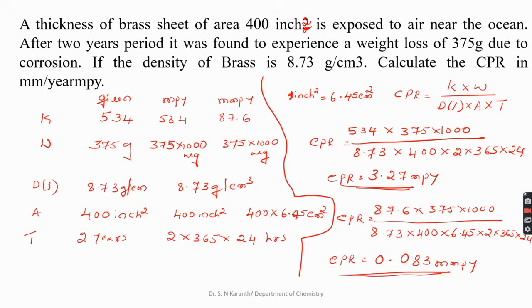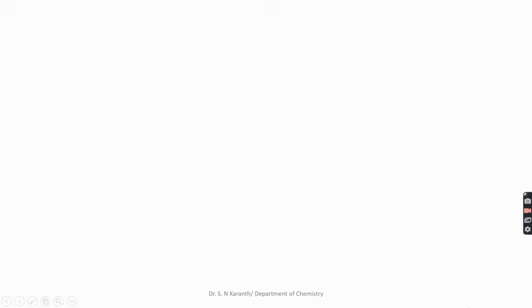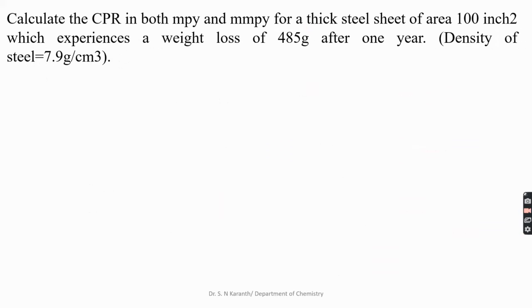Okay, then next problem. Calculate the CPR in both Mpy and Mmpy for a thick steel sheet of area 100 inch square, which experiences a weight loss of 485 after 1 year.